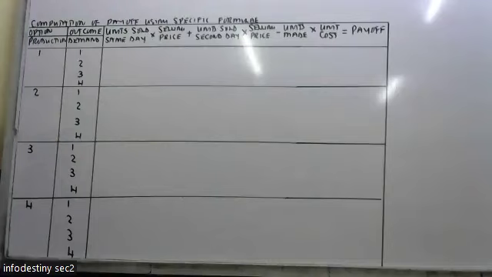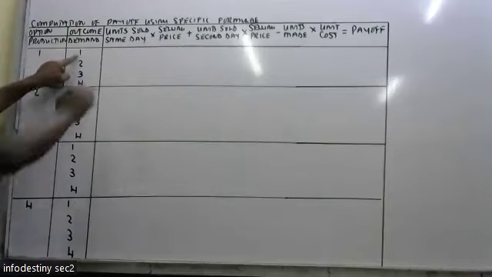Okay, then this is now what happens. You bake 1 cake. 1 customer comes. How many do you sell? 1.